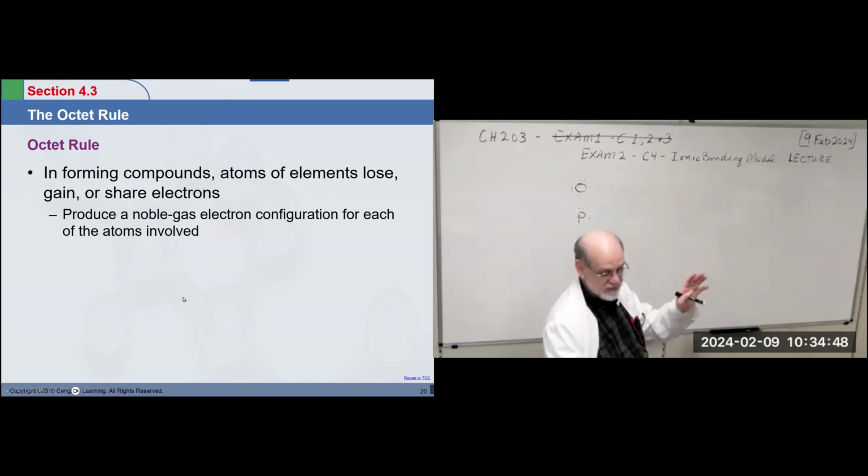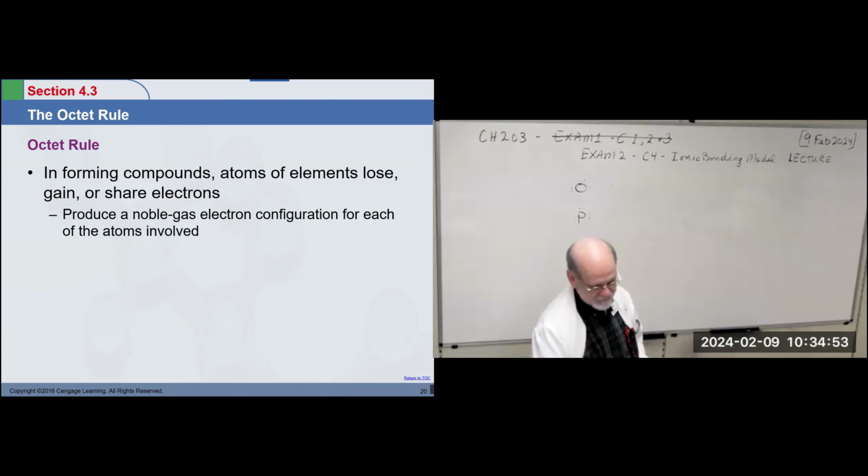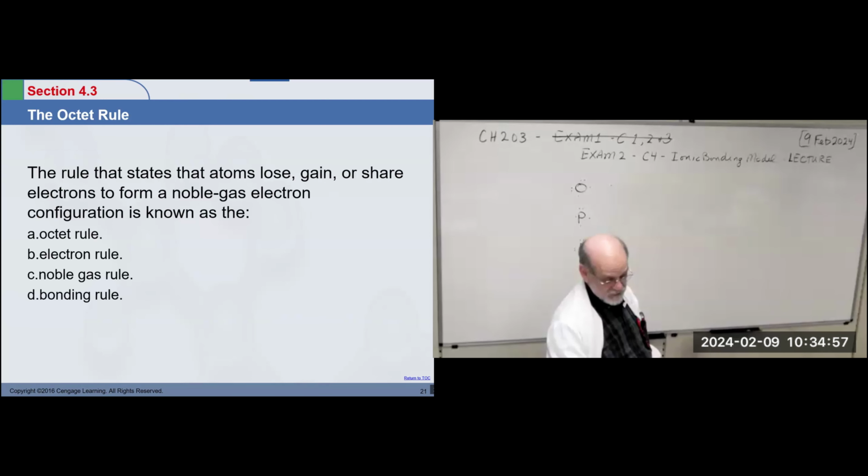They're trending toward noble gas configuration. The rule that states that atoms lose, gain, or share electrons to form a noble gas configuration is the octet rule.